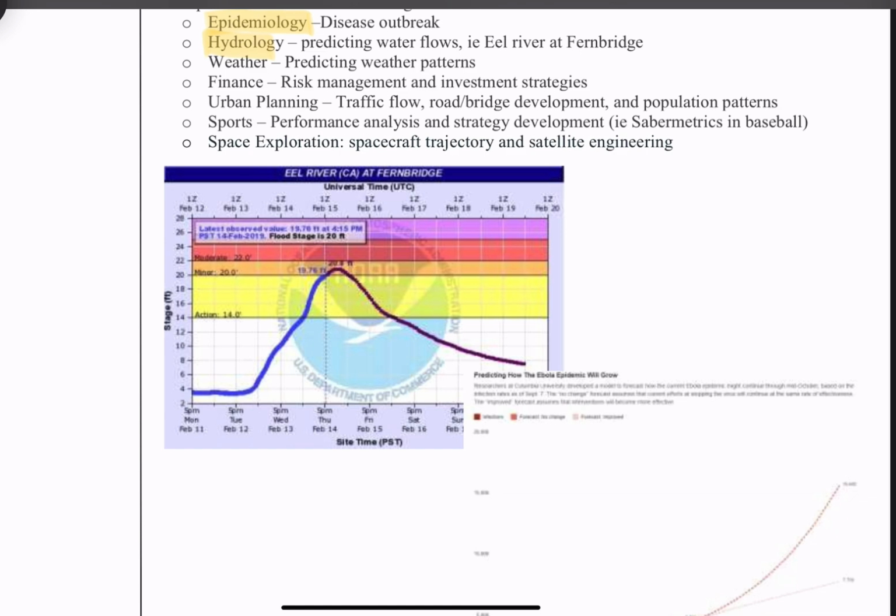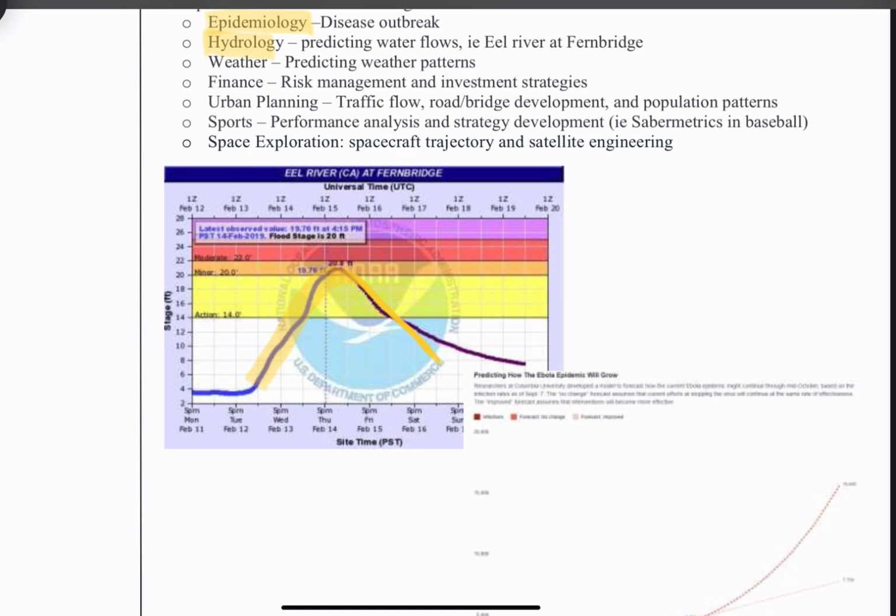This looks a lot like the shape of possibly a parabola. So they could potentially create a function modeling a parabola that would give you a pretty good idea of where the river would be at a certain time within these few days that they've mapped out.